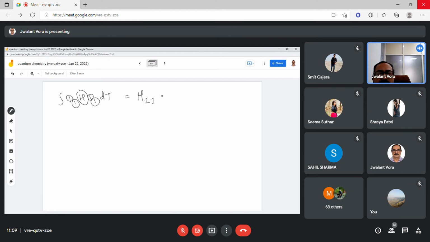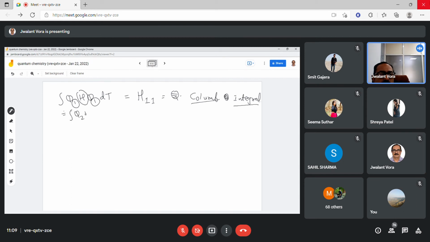So this એને નામ આપ્યું, he gave the name Coulomb integral, I'm sorry, Coulomb integral.